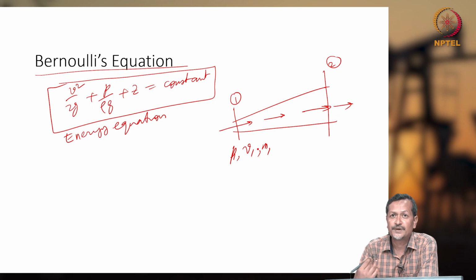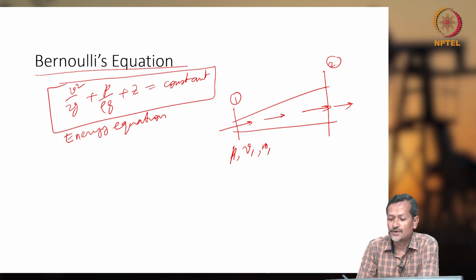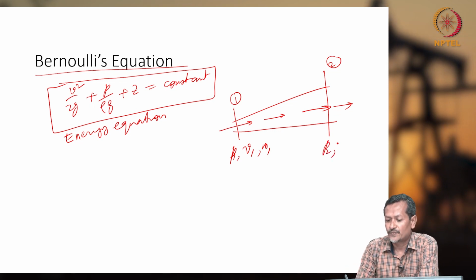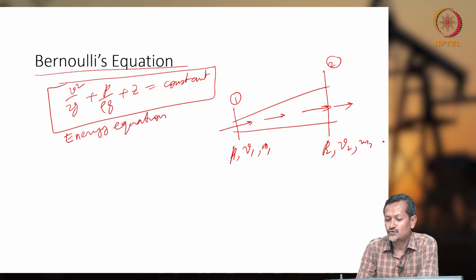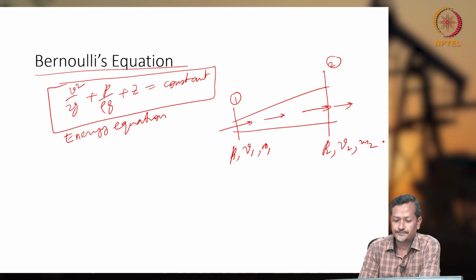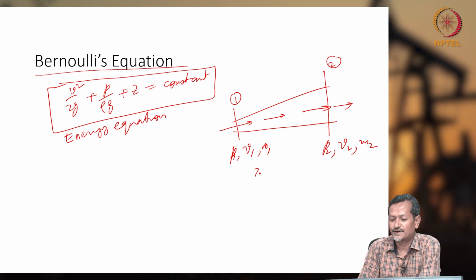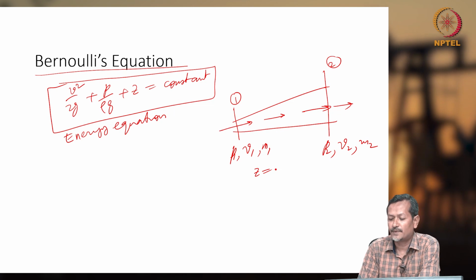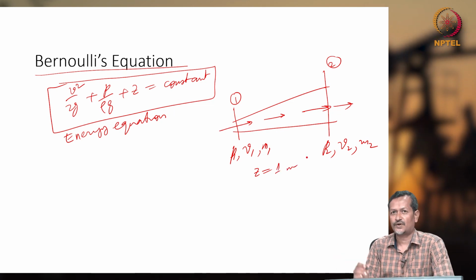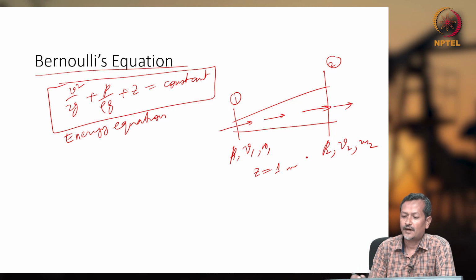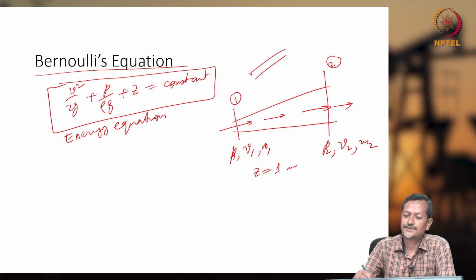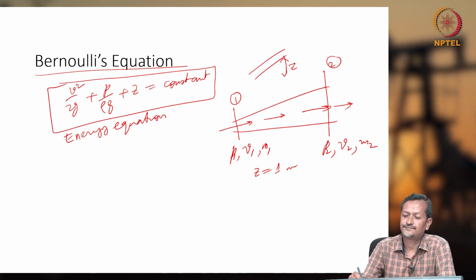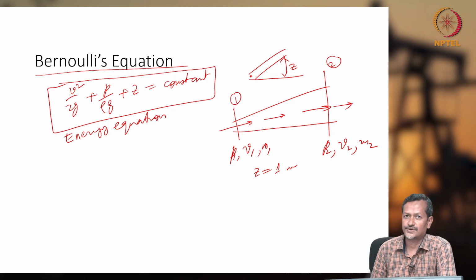Let's say we are assuming liquid flow, single phase liquid flow, and P2, V2, M2, and assume some elevation also there. Z is not 0. It may have, let's say, 1 meter, for example. Z will be like this. Pipe is there, and this is the Z. This is height from horizontal.